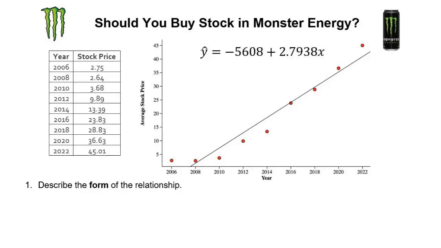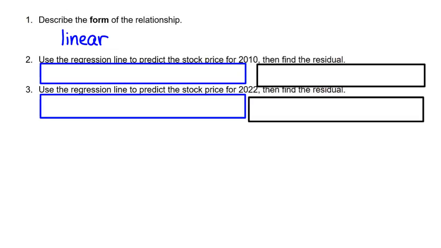I want you to use this line of best fit to predict the stock prices in 2010 and 2022, and then I want you to find the residual, the actual minus predicted. So I want you to do both of those things. I'm going to give you about 1 minute. Use the regression line to predict the stock price for 2010 and also for 2022, and then calculate the residual.